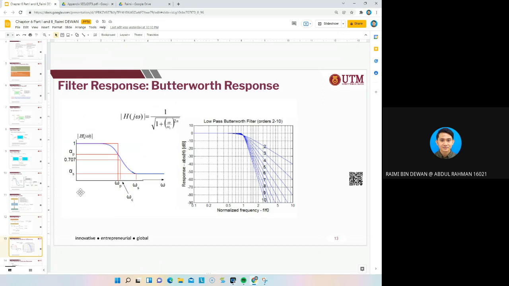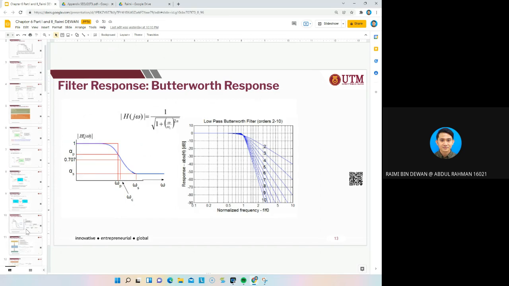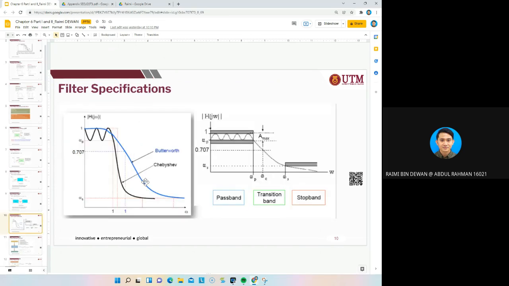So, filter response for Butterworth. Before I go to here, let's recall again what is the filter response of a Butterworth. So this is Butterworth, the blue color, which doesn't have ripple.